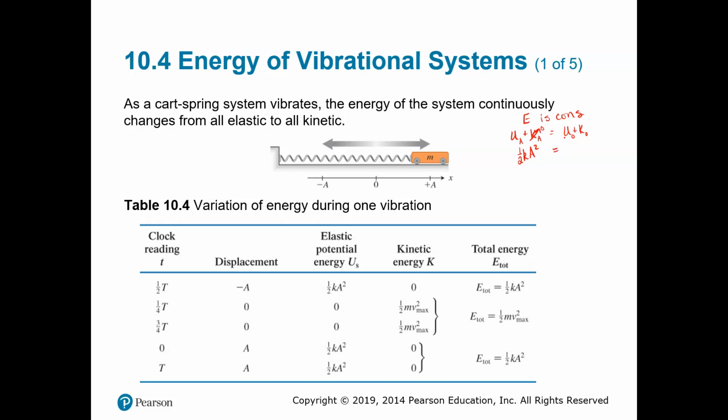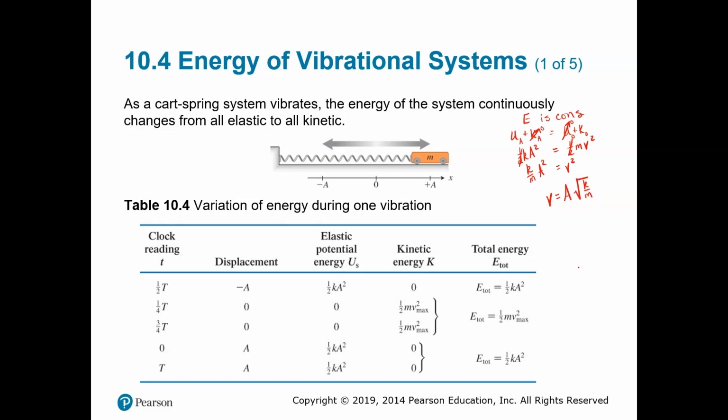At our equilibrium position, this is 0, so I have 1/2 mv squared. We've already set at equilibrium, this is going to be our maximum velocity. So the 1/2 can go. I'm going to divide by m, so I've got k over m A squared is equal to v squared. This is our maximum velocity. So our maximum velocity is going to be A times the square root of k over m.